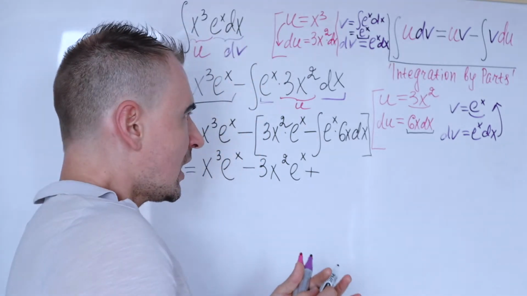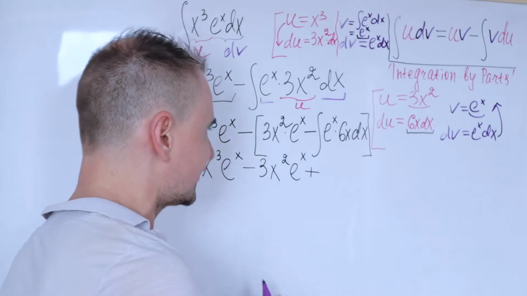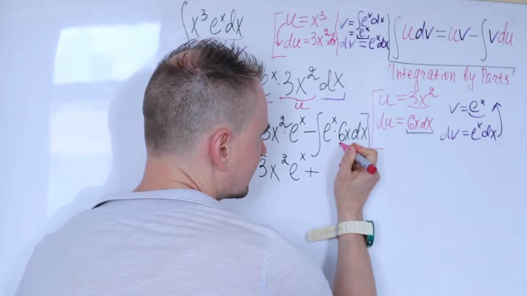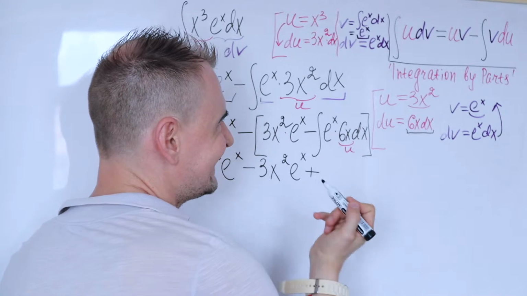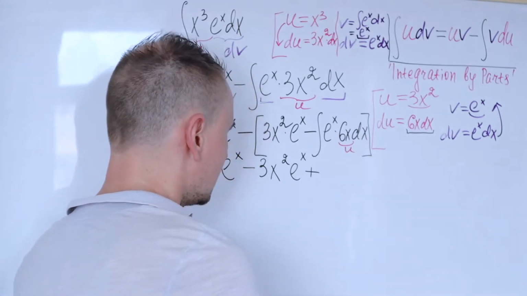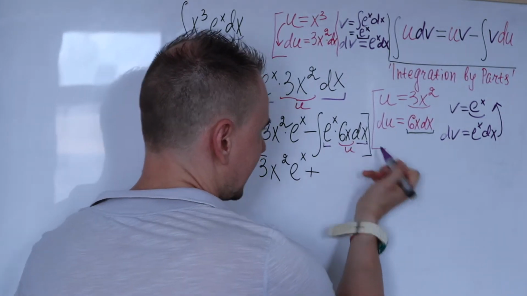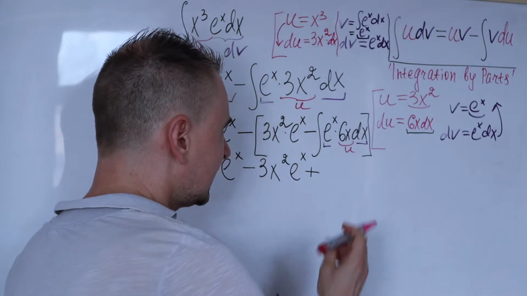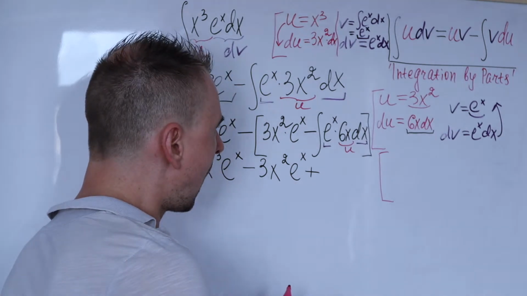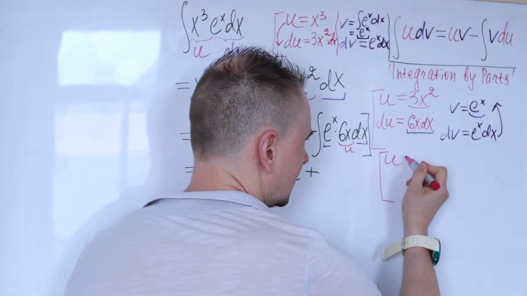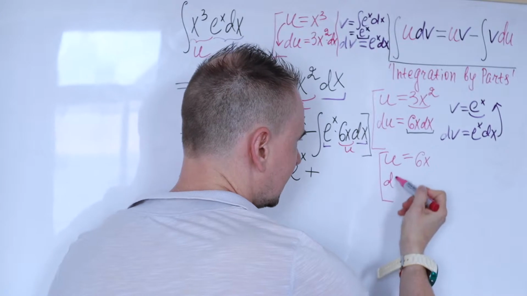Now, again, it comes to picking your u, and your u is going to be 6x. So this is your u, and the rest goes for dv. So e to the x dx, that's your dv expression. Let's write it off to the side. So again, we set your u expression to be 6x, and let me find du immediately.